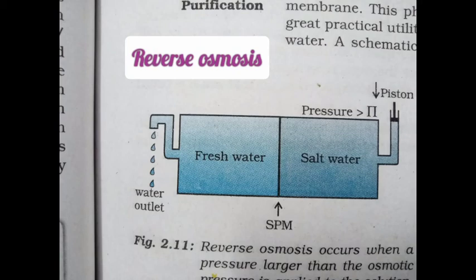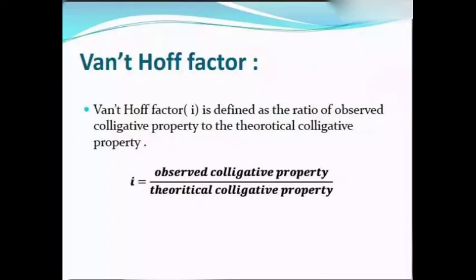And the last topic in this chapter is Van 't Hoff factor, which is equal to observed colligative property by theoretical colligative property, and it is denoted by i. Let's try to understand this topic with an example.